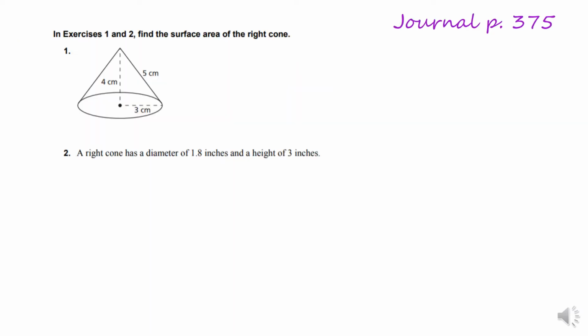Okay, so here are a couple problems from your journal. If you want to push pause and give them a try, go ahead. So remember that the formula for the surface area of a right cone is pi r squared plus pi r L. So that means that this is my radius, this is my height, and this is my slant height.